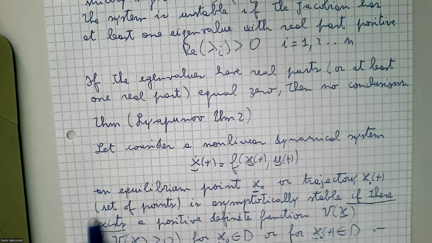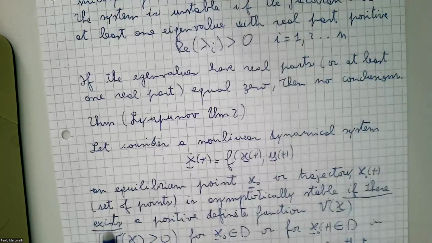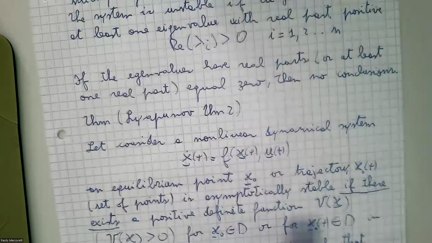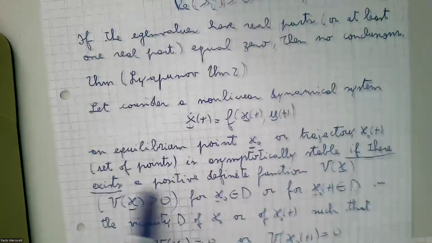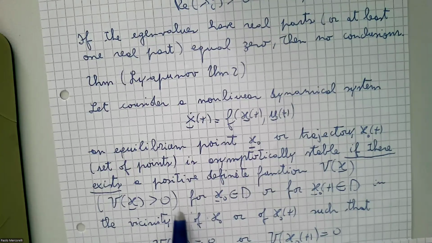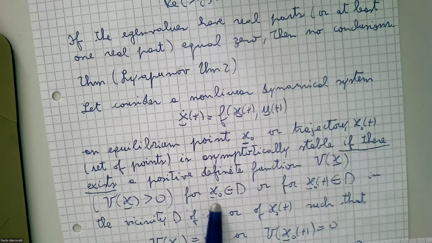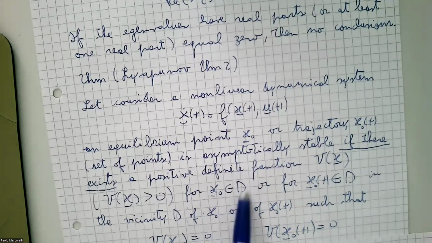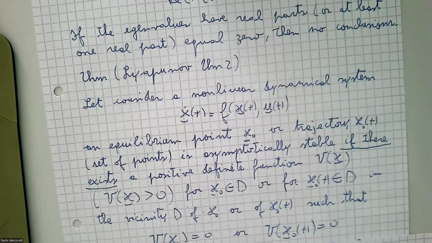An equilibrium or trajectory in a set of points is asymptotically stable if there exists a positive definite function V of x, just to understand what I intend by positive function, for x0 in the domain. X0 basically is the point which we want to consider.